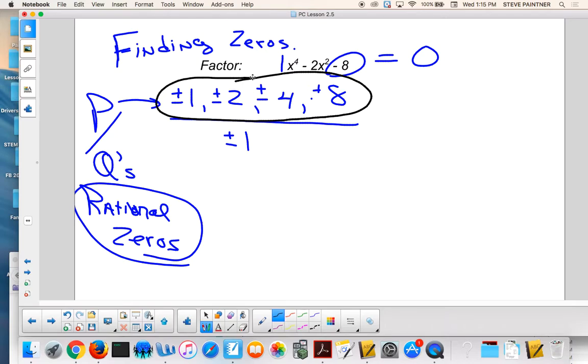Go find them. Go get your zeros. How are you going to do it, guys? Synthetic division. Just think like you're going to divide. And you know if it's a zero, the remainder is 0, right? Now there's a bad thing about this. There's actually 2, 4, 6, 8 choices.